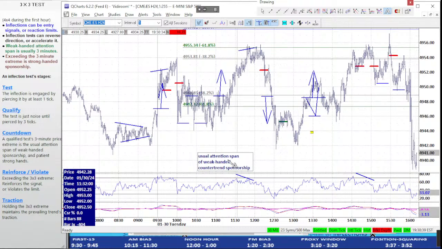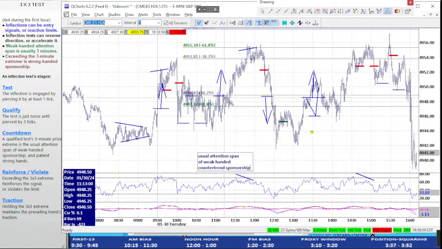What is the usual attention span? I mean, we know what counter-trend sponsorship is. If this is in a buy, then counter-trend sponsorship is sellers. These are buyers. This is where buyers are so motivated that they're blowing through this resistance, this relevant Fibonacci retracement. In my work, this is relevant.